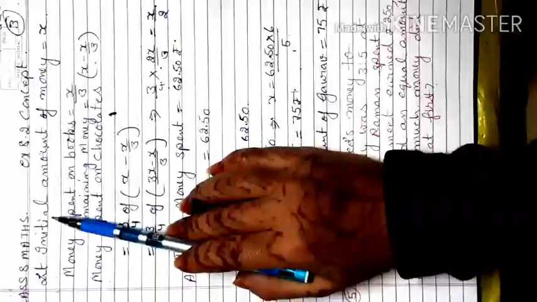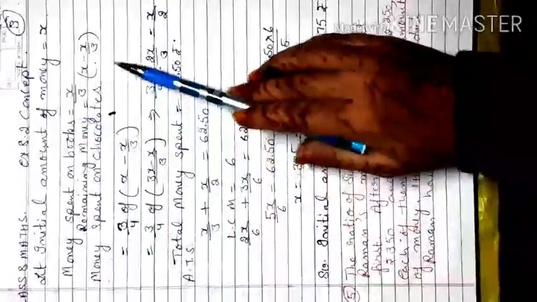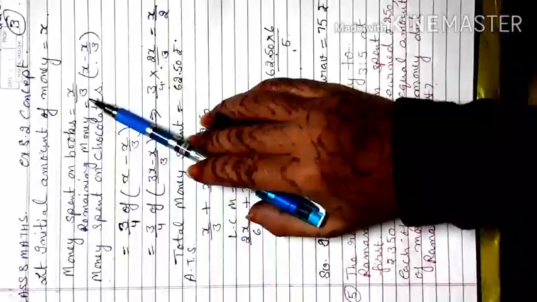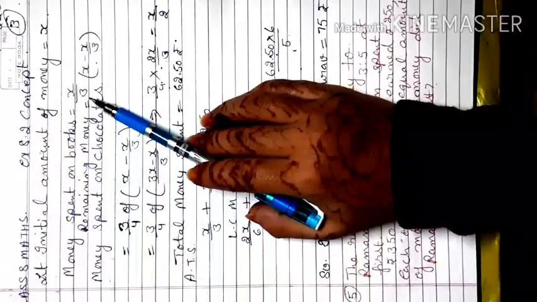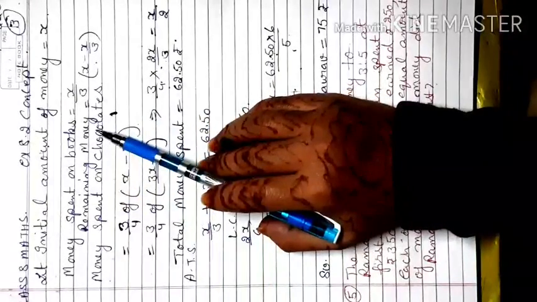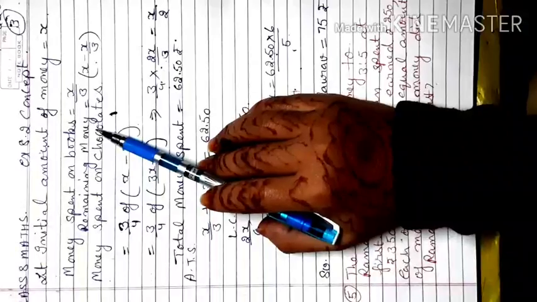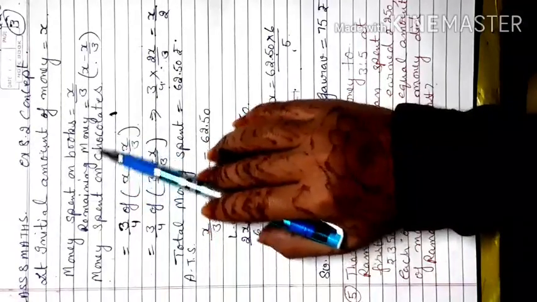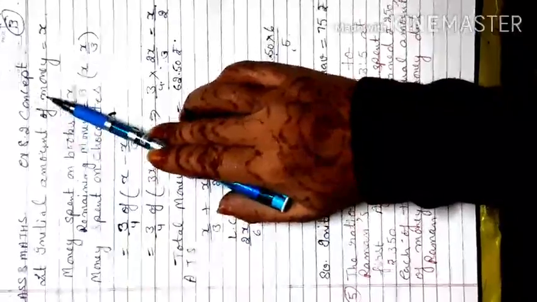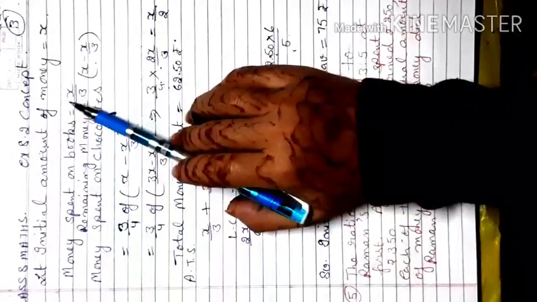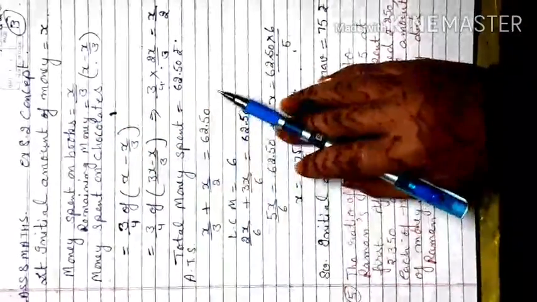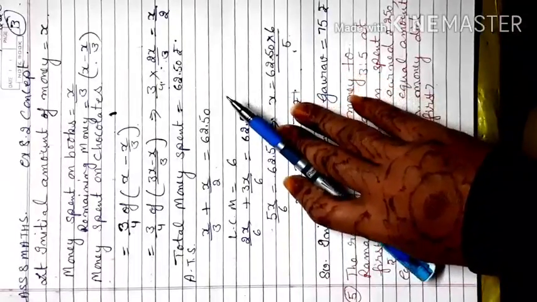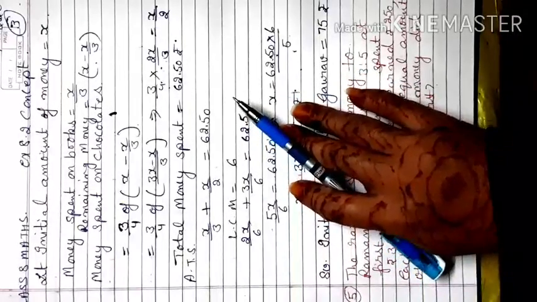So let the initial amount of money when he went to the market be x rupees. Spent on books is x by 3. After spending on books, he bought chocolate from the remaining money. The remaining money is x minus x by 3, if you subtract the money spent on books from the original money.